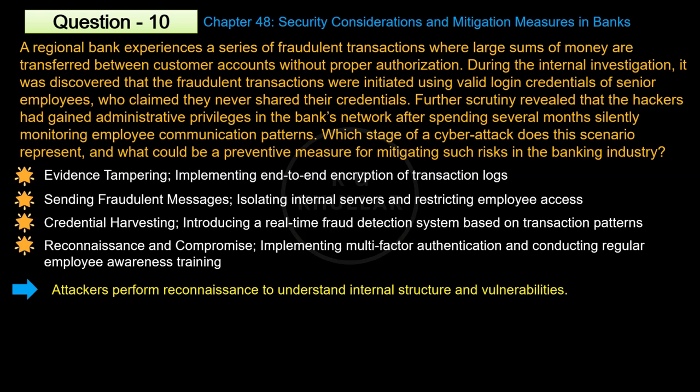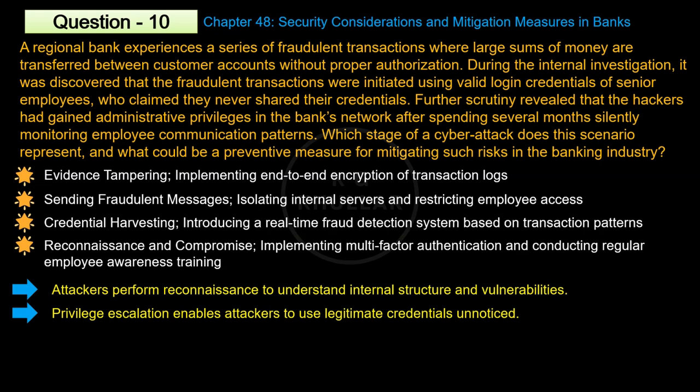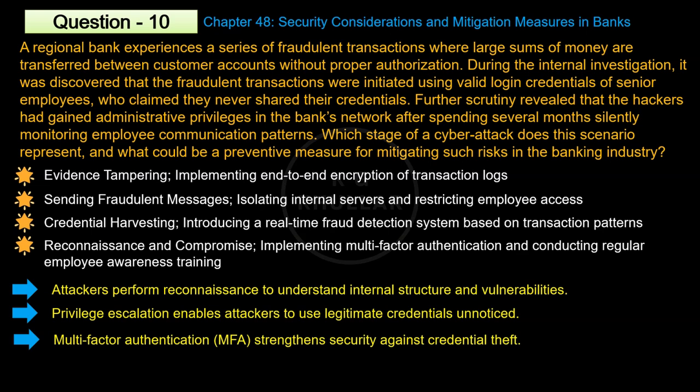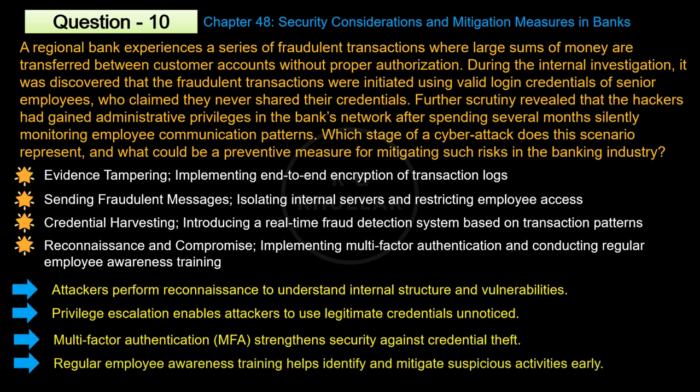Now friends, please note the described scenario highlights the reconnaissance and compromise stage of a cyber attack. And in this stage, attackers conduct extensive research and monitoring to understand the internal structure, communication pattern, and security weaknesses of an organization. Now, in our case, gaining administrator level access indicates that the attacker successfully escalated privileges, making it easier to use legitimate credentials without raising alarms.